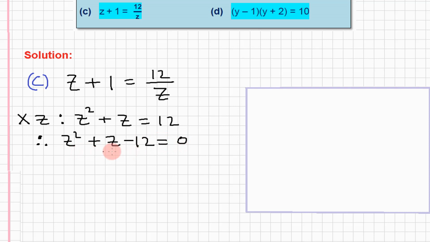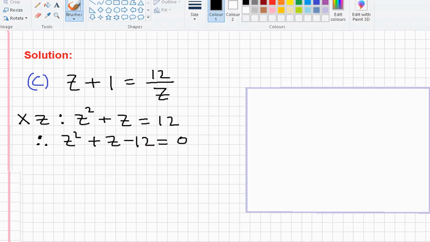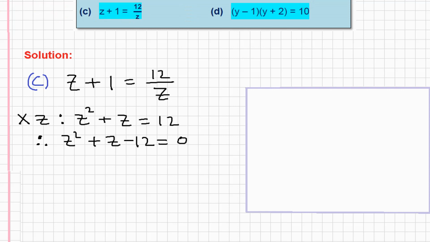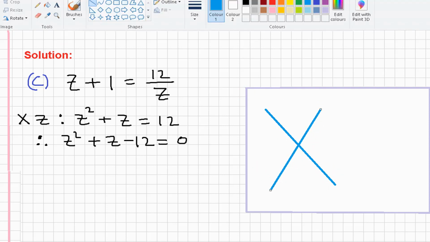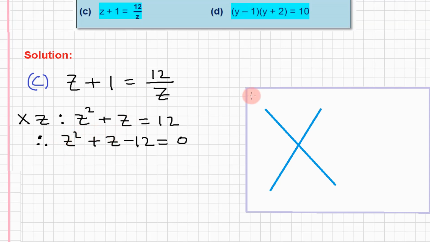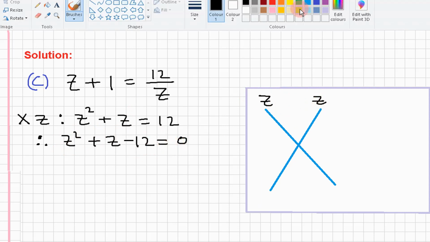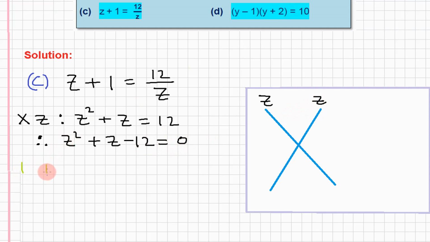Now the equation is in standard form, and we can use the cross method. So the factors of z squared will be z and z. We can look at the factors of 12. It's 1 and 12, 2 and 6, and 3 and 4. We need a middle term of 1z.